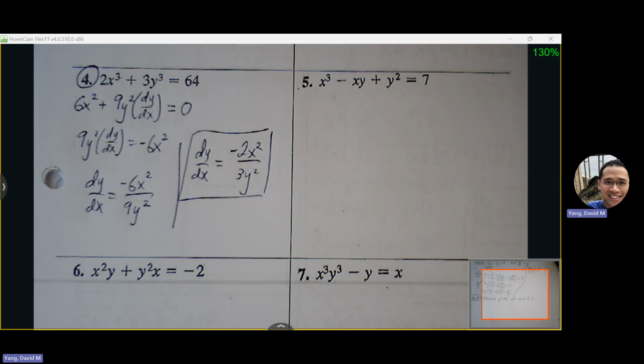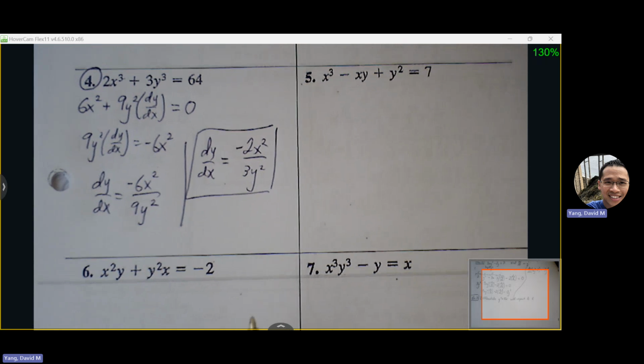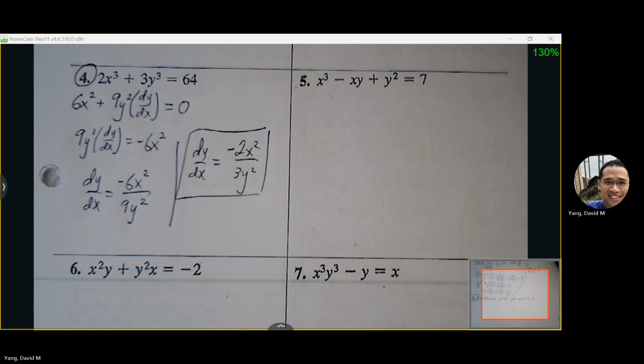Now there's something else that is causing issues with our process. What do we have to be careful about as well? What's potentially troublesome about this equation if we're not careful? The negative.